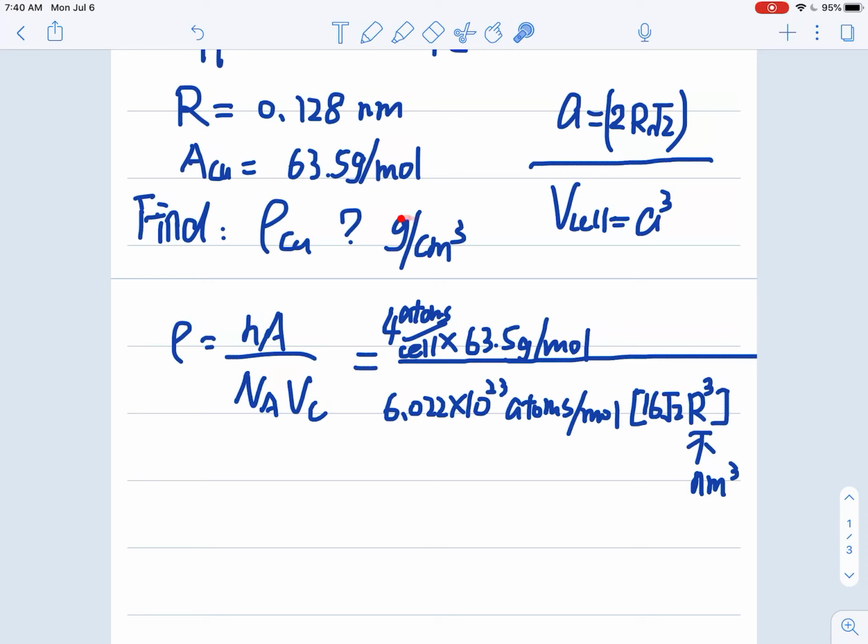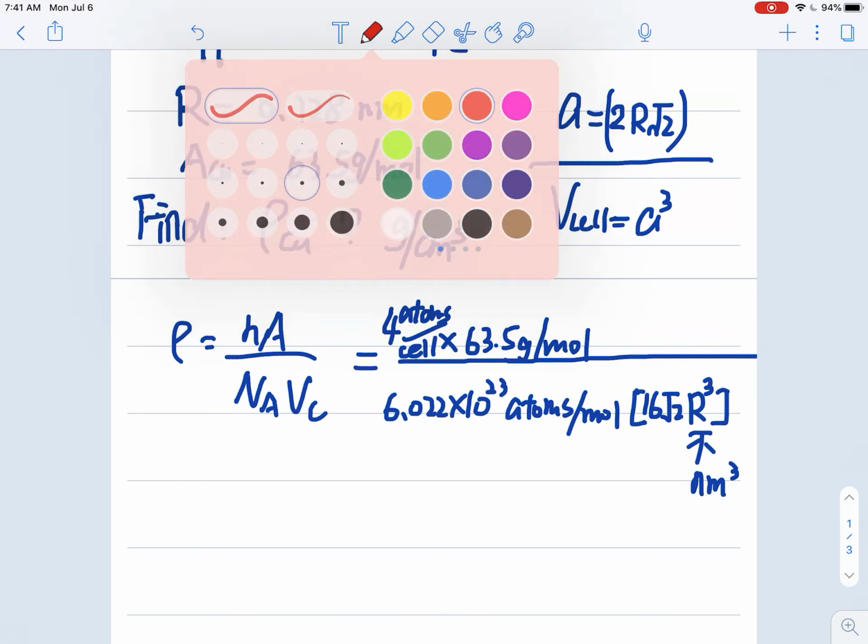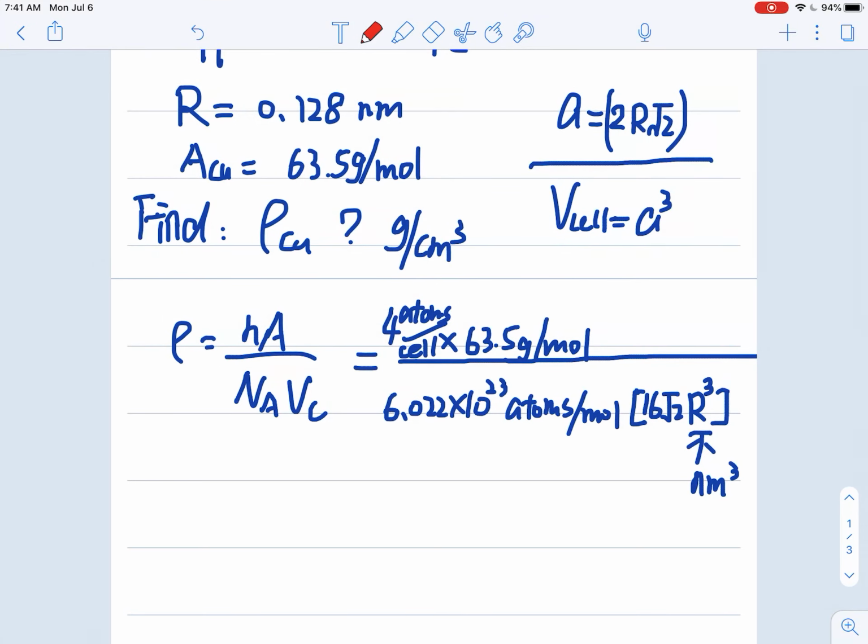Since here we want grams per centimeter cubed, we have grams here, so leave that as it is. And here we have nanometer, because R is given in nanometer. You may want to convert that nanometer to centimeter in order to end up with grams per centimeter cubed.